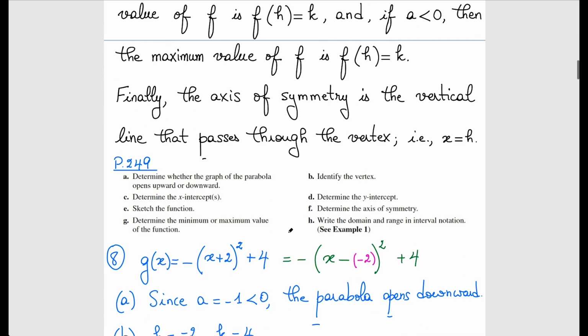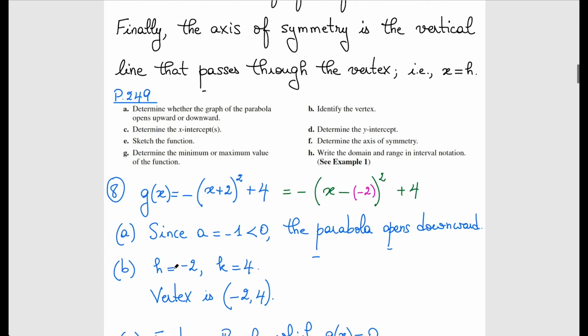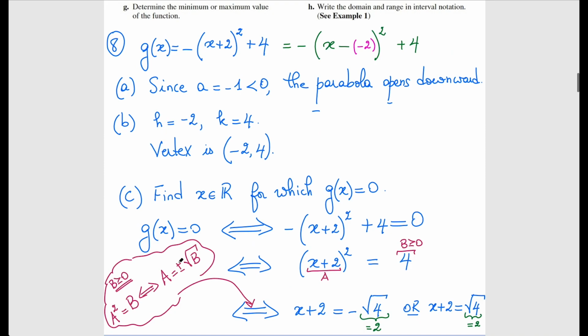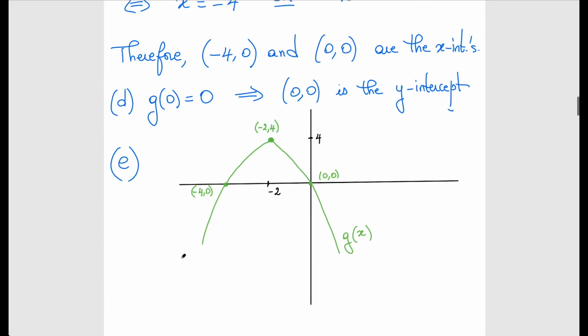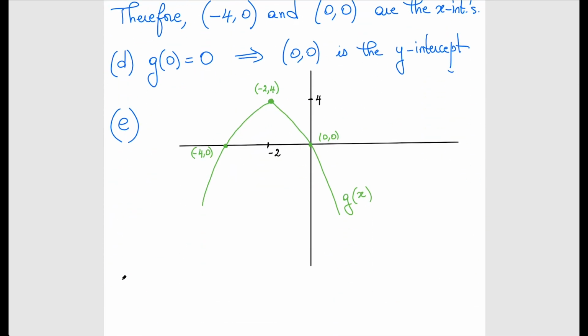So who's h in my context? We found h to be -2, correct? So x equals -2 then is the line of symmetry. So that's part F. It's x equals -2. It's this line, right? It's right there. Again, the picture is not very accurate, but you got the concept. So that's x equals -2, which is the axis of symmetry.